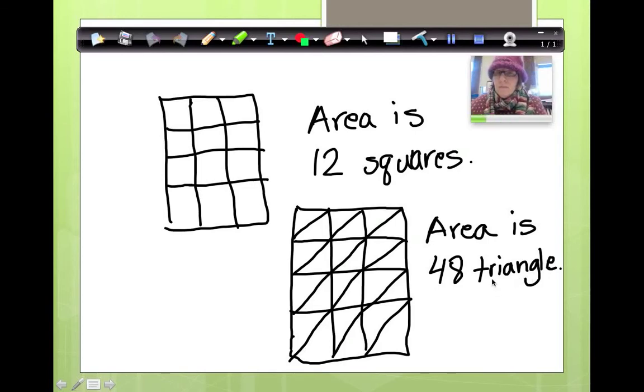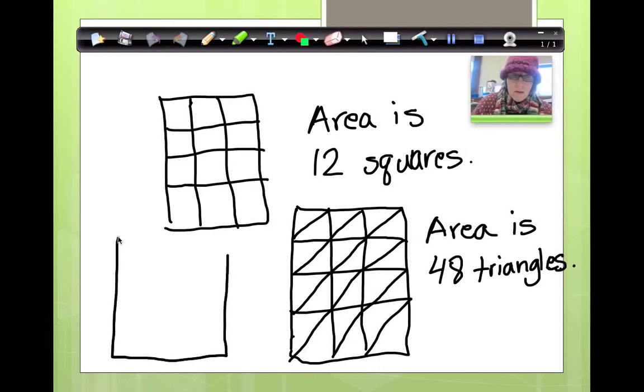Okay. Now, okay, so let's say we have a different shape. I'm trying to draw the same thing. And this time, we're going to cover it with a different shape. We're going to cover this one with the rectangles.